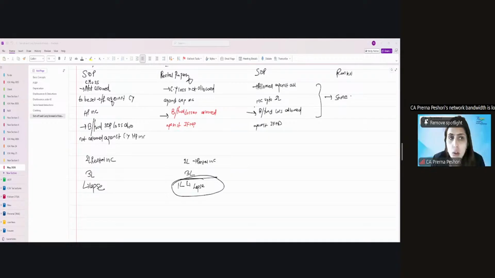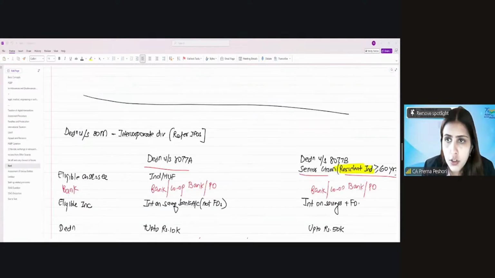So today we are going to start with the deductions in respect of the incomes. If you remember, I had told you that there are certain deductions which are available in respect of the income. So today we are going to start with those particular deductions.